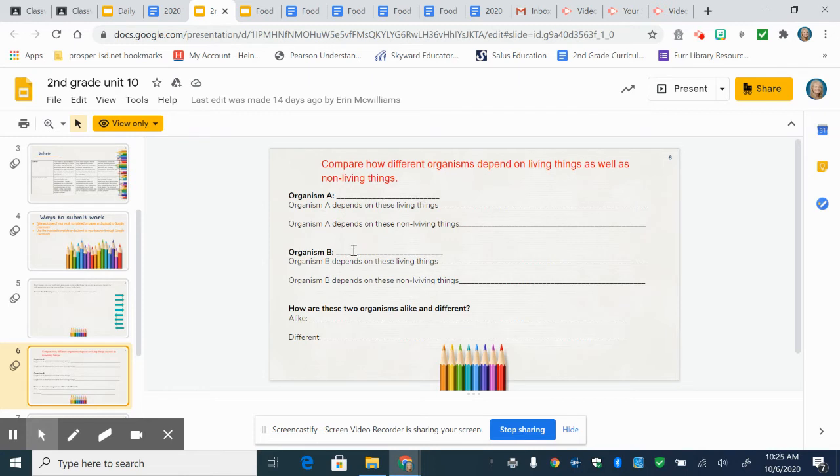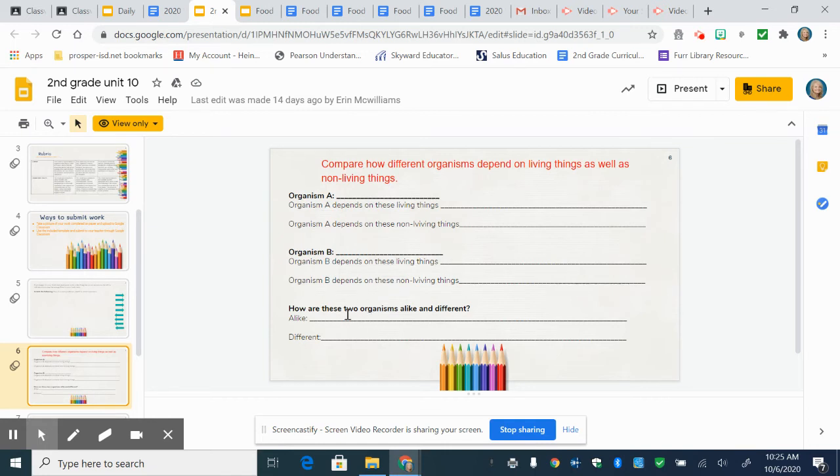Okay, then I might have something that eats the algae, maybe some fish. Okay, what does the fish depend on? Well, he depends on the algae, other things, non-living things. He depends on the water in the pond to stay alive, right?